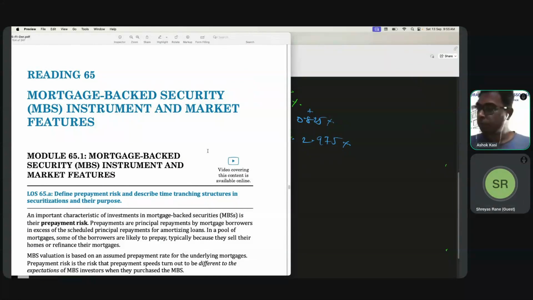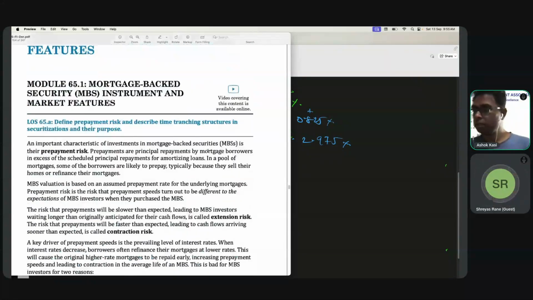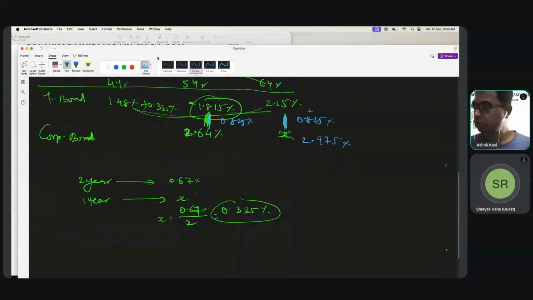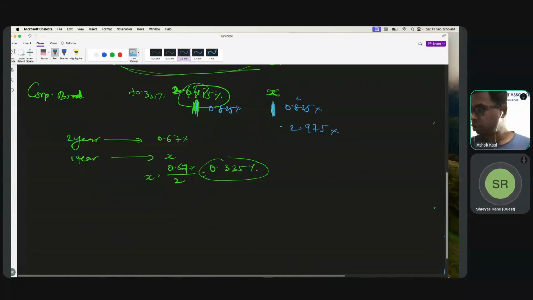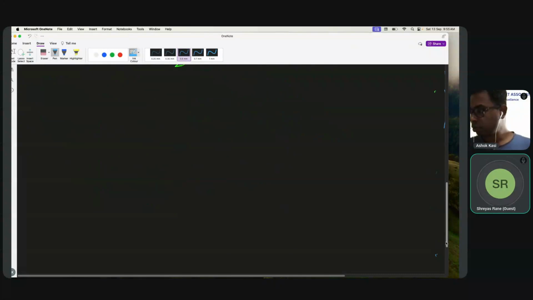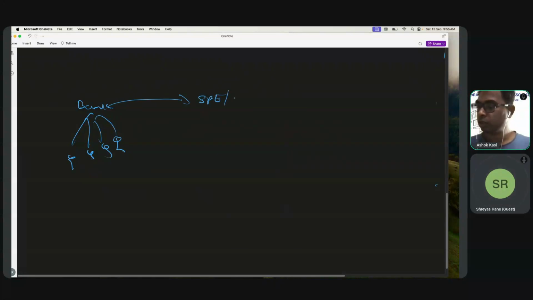Okay. Mortgage backed securities. Remember this, I have already told you what mortgage backed security means. So shortly I'll tell you again. A bank is issuing home loans and then selling them to a special purpose entity, investment banks, or government sponsored entities.